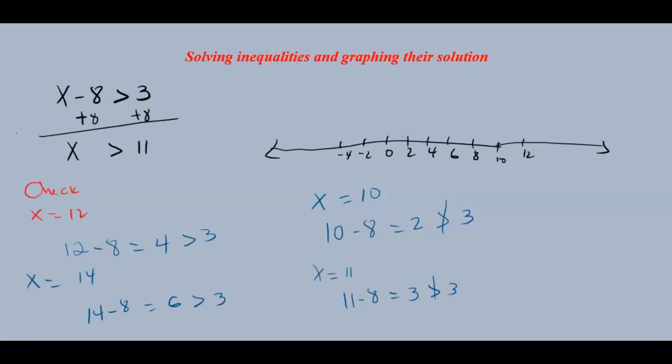What you do is look for the number 11 on the number line. We see number 11 is right here, and we make a circle here. Because it's greater than, we leave this circle open, and we draw an arrow on the right side of the circle. That's the way you graph the solution for this inequality.